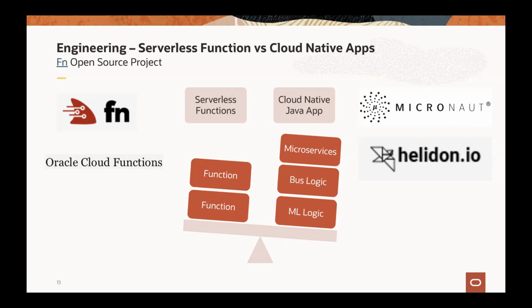At Oracle, we also provide a managed service for running serverless function called Oracle Cloud Function, and it makes it really easy. And with this project, you can write functions in Java, Node.js, Go, and other languages.